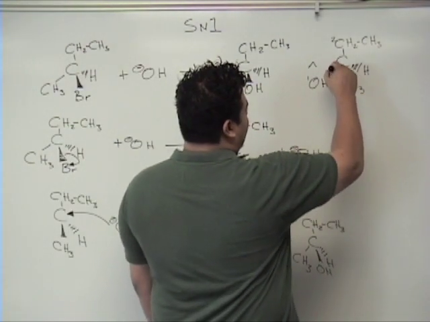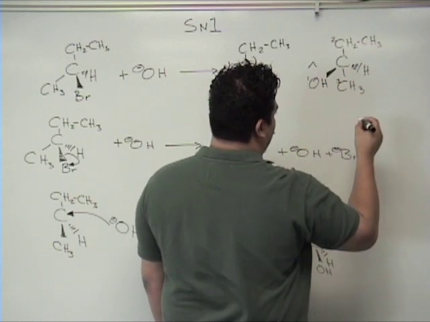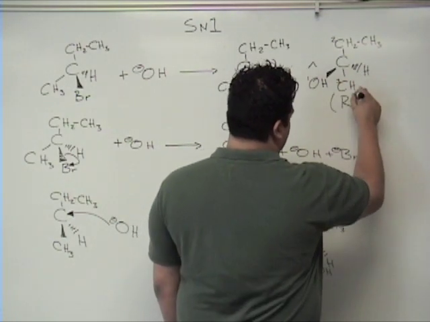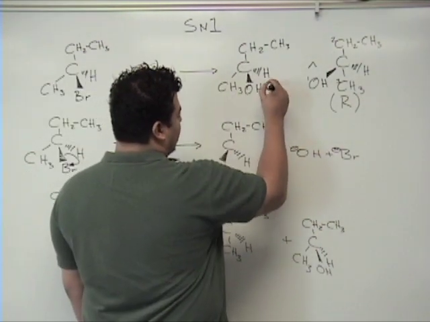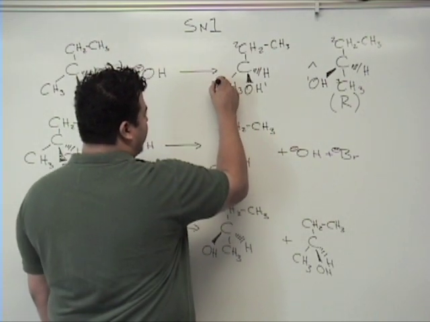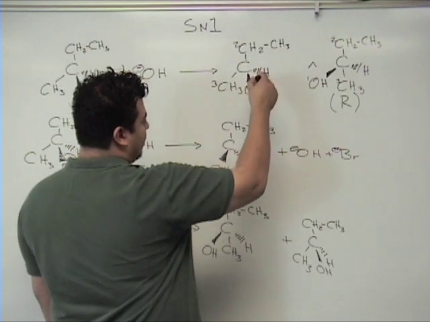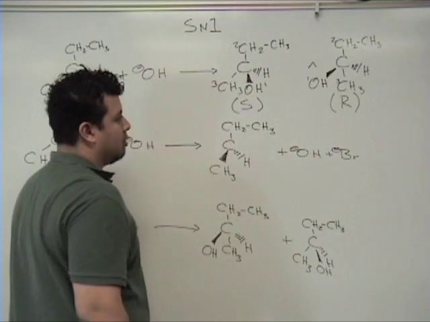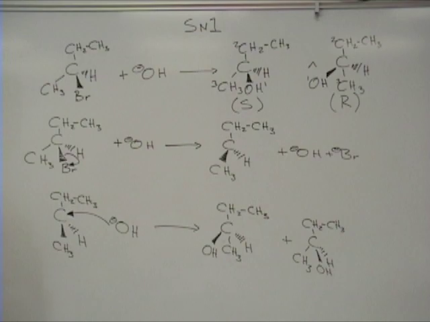So since it's going this way, clockwise, then it's going to be R. This one, I'm going to say this is 1, this is 2, and this one is 3. So it's going counterclockwise, so it's going to be S. And that's it.